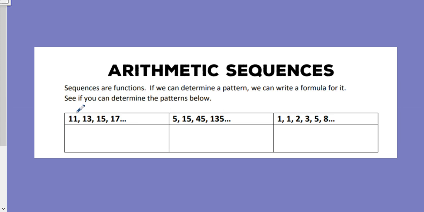Okay, so when we're determining patterns in arithmetic sequences, what's really important, first of all, is our first number. So when I look at this pattern, we can see I start with 11. And each time I'm adding 2.